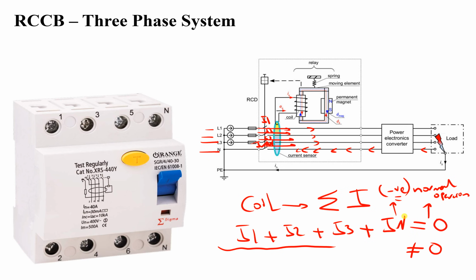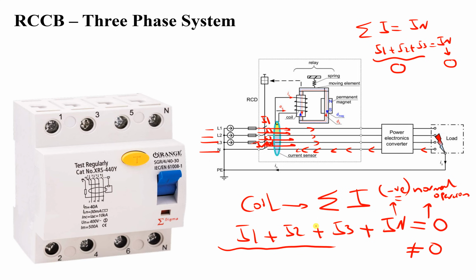What I mean by this is, we know that the summation of currents in a three-phase equals I neutral, right? So I1 plus I2 plus I3 equals I neutral. If we have a balanced three-phase, this summation equals 0 and I neutral is 0 in a balanced system.